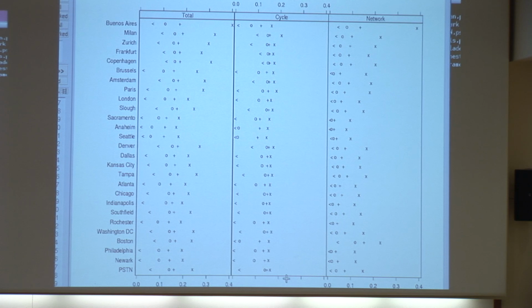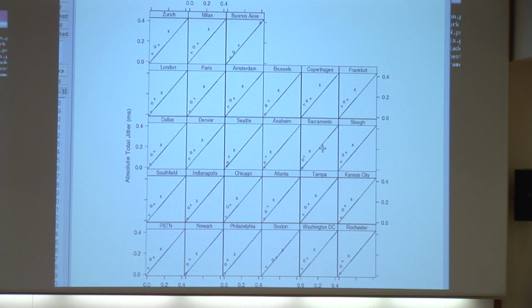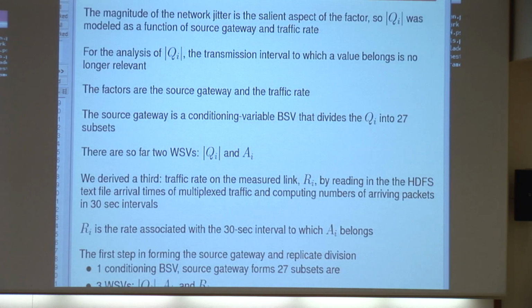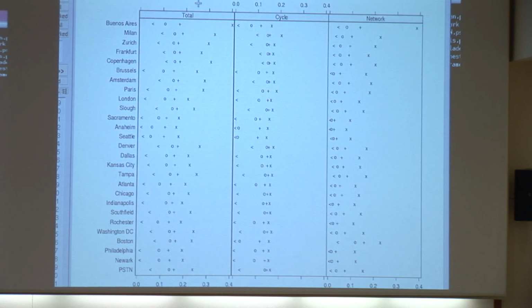So there is obviously a major amount of the variation in the data, because when we look over here at the residuals, we see a fairly big reduction in these quantiles compared to what they are over here. You can see that in this plot, where for each source gateway we take these 4 values and plot them against these 4 values here.